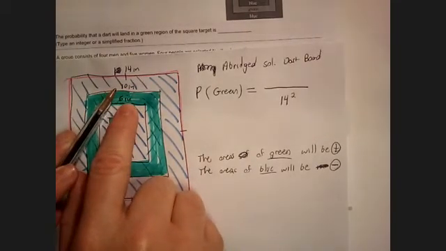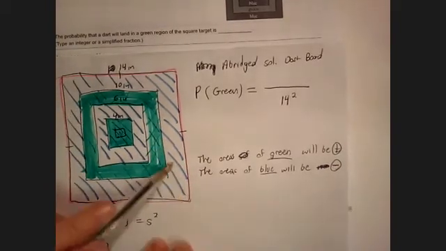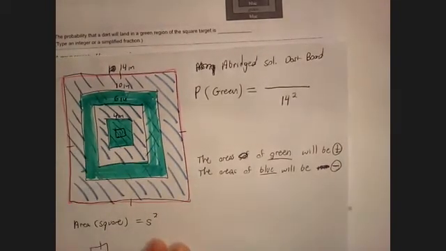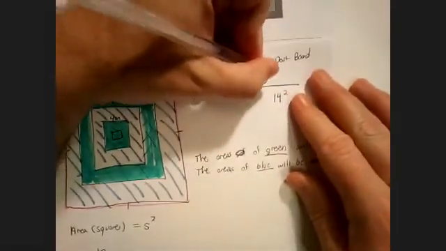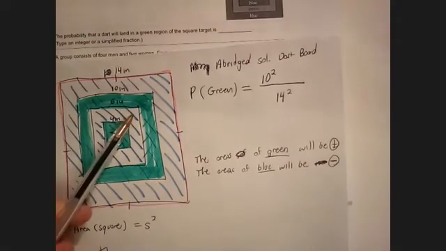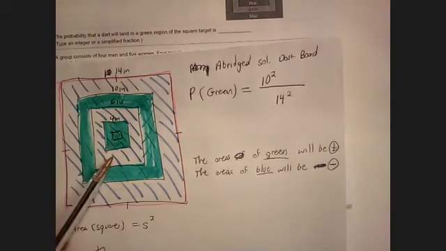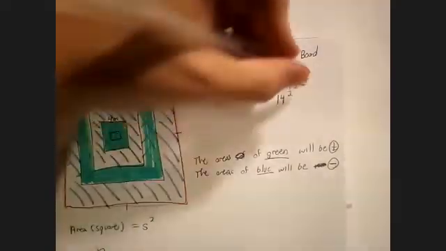Okay, this 10 is this length here. So the area of this green square, which includes all of that, is going to be 10 times 10, or 10 squared, which is 100. Now I have to go in and subtract off this blue square, which is 6 times 6.